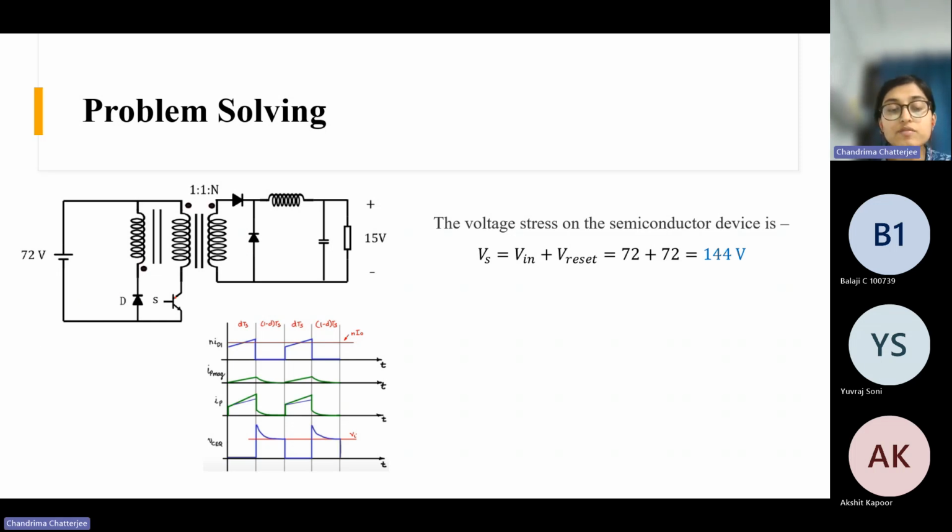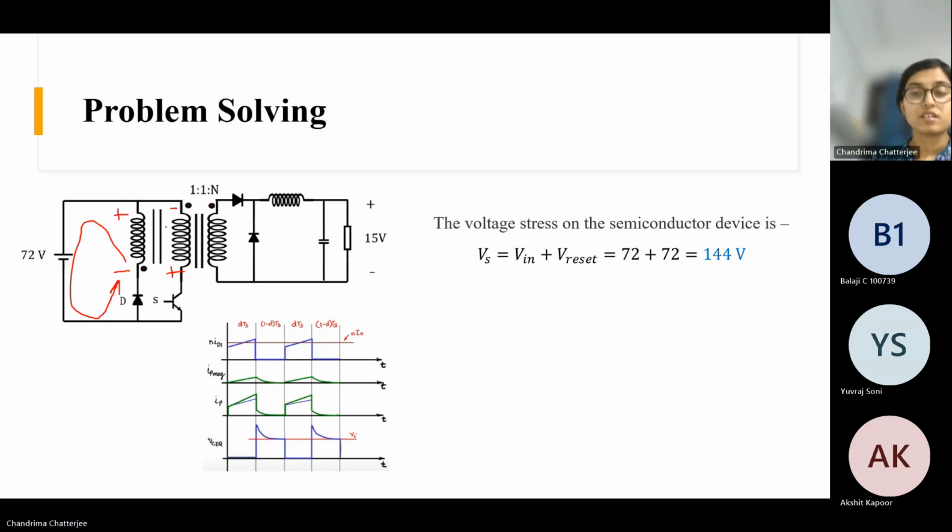So here, when you were turning off the switch, I told you the operation: the polarity reverses and becomes like this, and the current flows like this, right? So if you just apply KVL in this loop, whatever voltage comes here, the same voltage will come here because the turns ratio is 1:1.